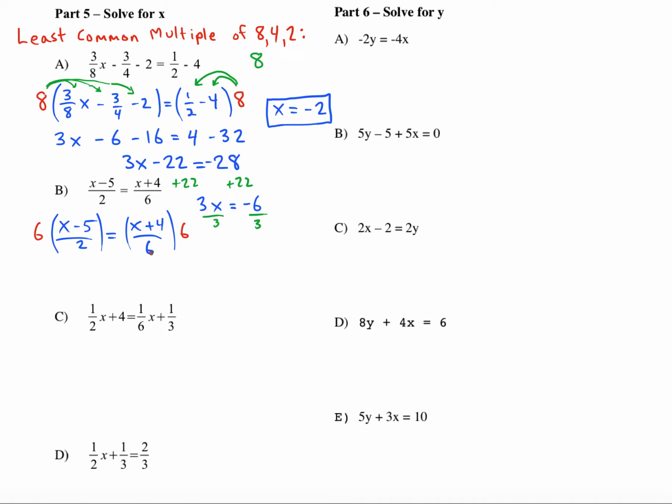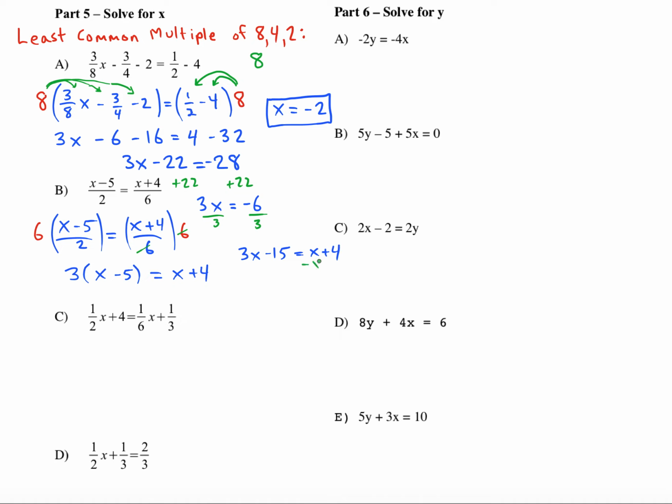Okay, that would cause these here to cancel. And then 6 divided by 2 would be 3, so we would end up with a 3 on the left. Now I'll just distribute that 3. We'll get 3x minus 15 equals x plus 4.